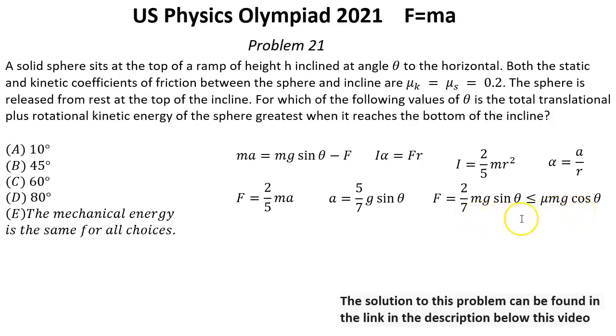And from this inequality we can find that tangent theta must be less than or equal to 7 over 2 mu, which gives us a critical angle of 35 degrees. For angles less than 35 degrees, we don't have any energy loss. It means that the correct answer is A, 10 degrees. And this was the solution for problem number 21.